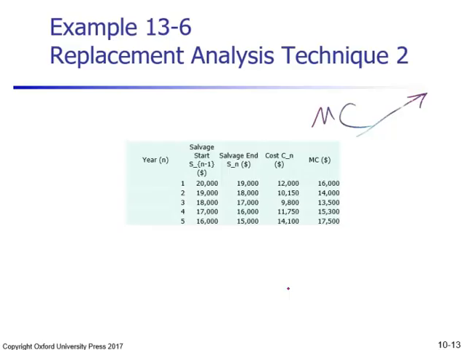But here, since marginal cost is not rising, in fact it is decreasing, the situation is different, and we need to go for technique 2, in which you need to calculate EUAC of the defender, minimum EUAC.